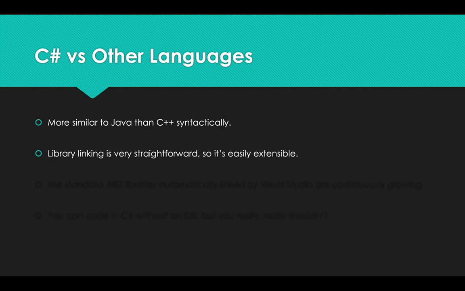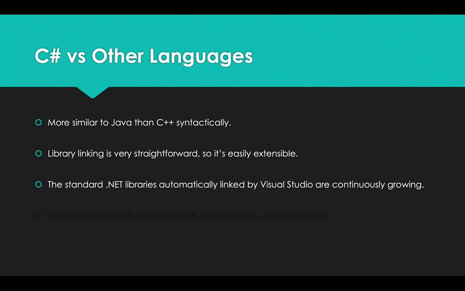There are very few barriers to using libraries, and a lot of it is managed by NuGet within the IDE. So it's very easy to extend your own libraries to larger applications, or to use very popular libraries in whatever application you're trying to build.